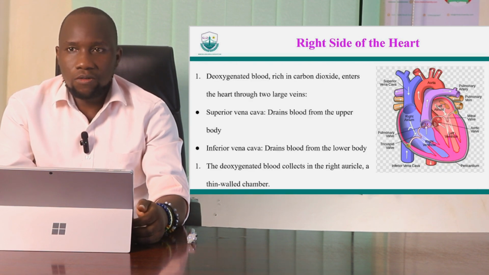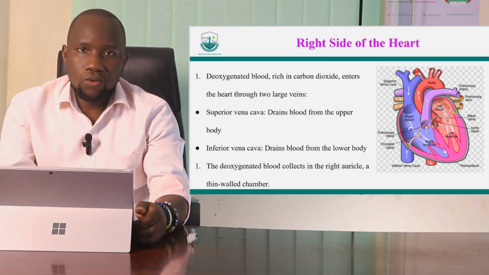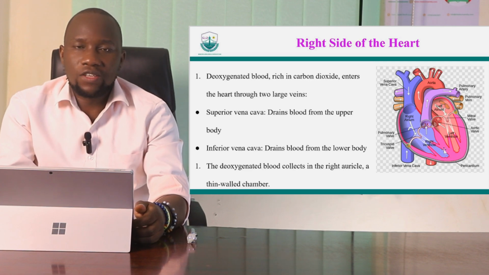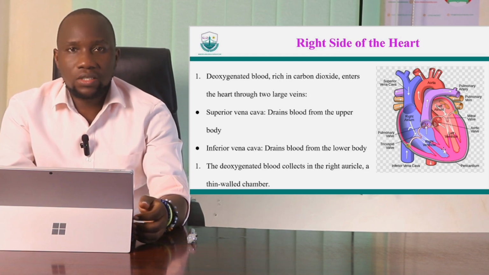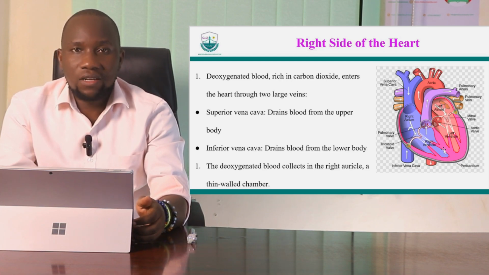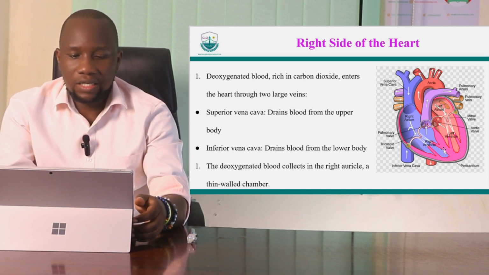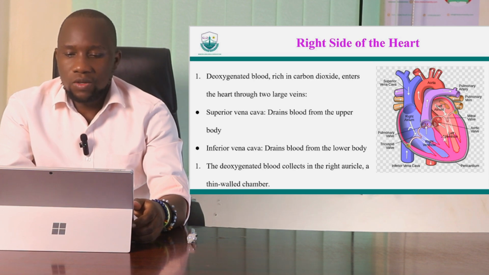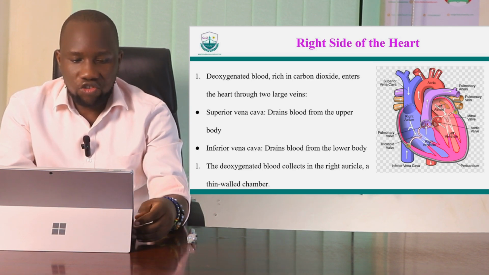Okay, so for purposes of emphasis, the right side of the heart receives the blood through the two major vessels: the superior vena cava, which receives blood from the head and the neck regions, and then the inferior vena cava that receives the blood from the lower body parts. Both the vena cava open into the right atrium.